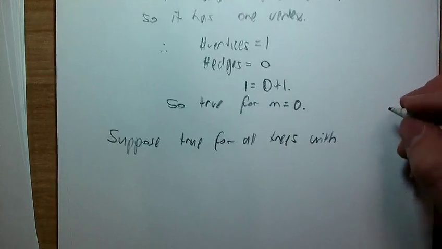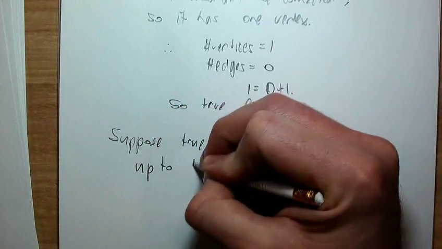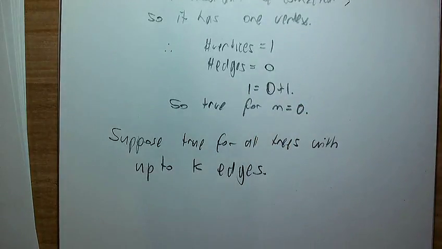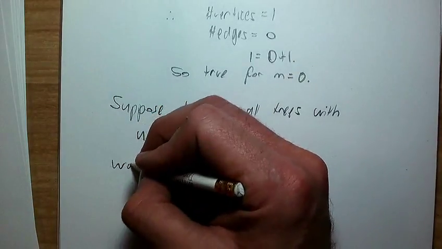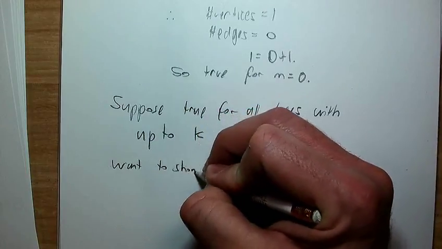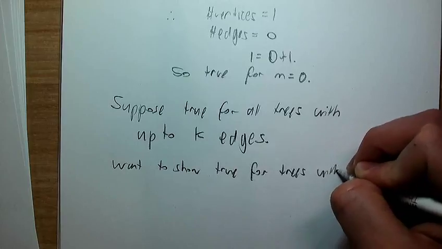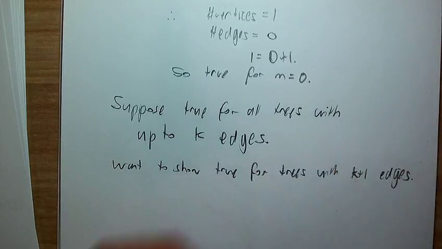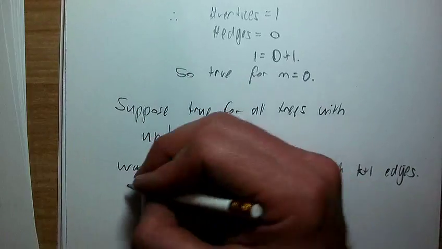So I'm going to say, suppose it's true for all trees with up to k edges. And what I want to do is show that it's true for trees with k plus 1 edges. So I reckon at this stage it might be a useful idea to give my tree a name.